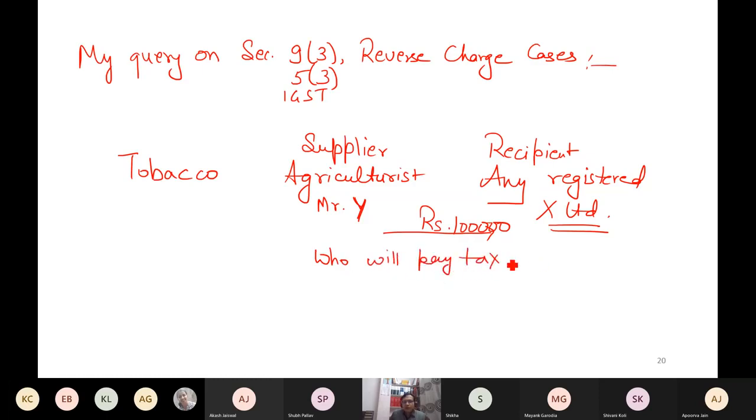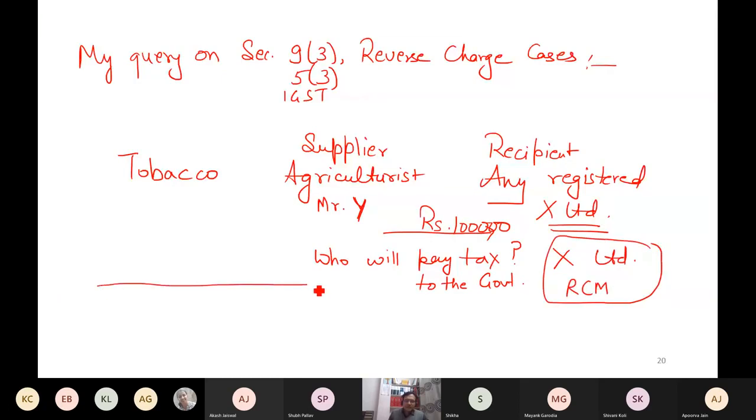Who will pay tax to the government, Mr. Y or X Limited? X Limited. Why? Because of the reverse charge mechanism. Is it clear? Yes, it is clear. But if I make a change, now what change am I making?